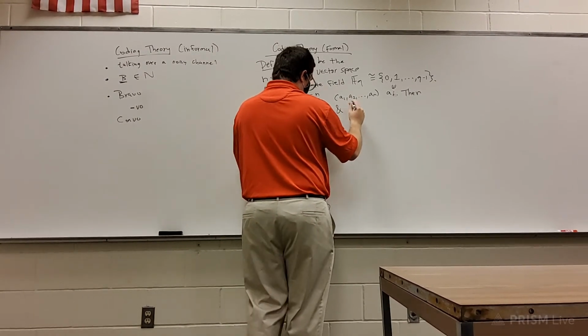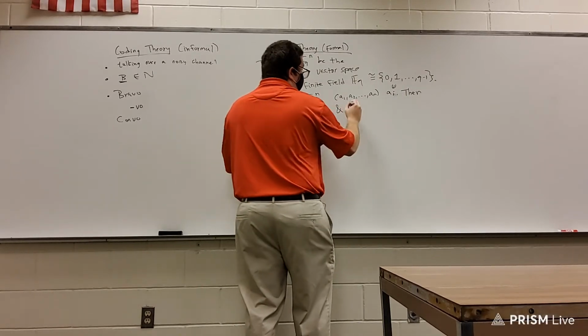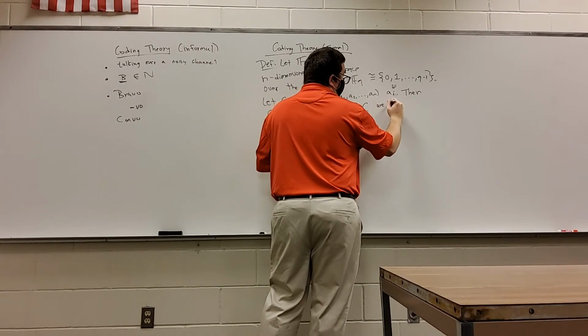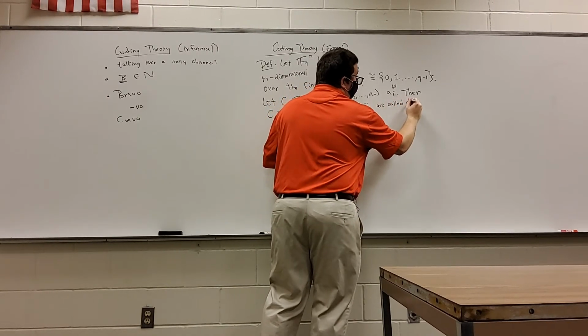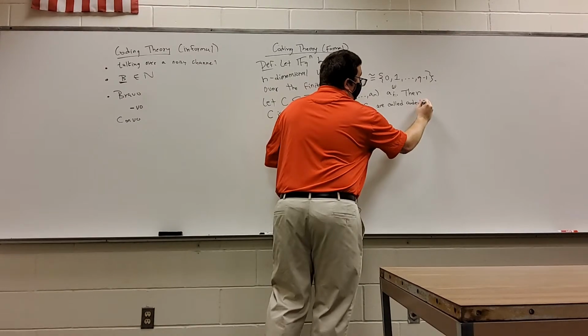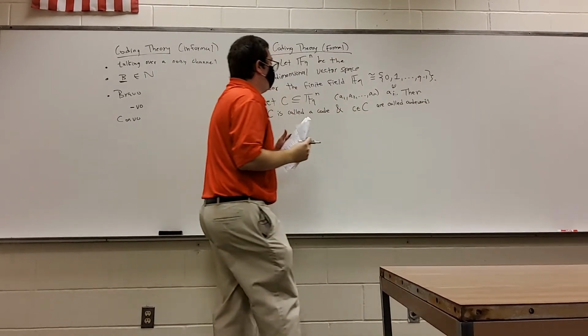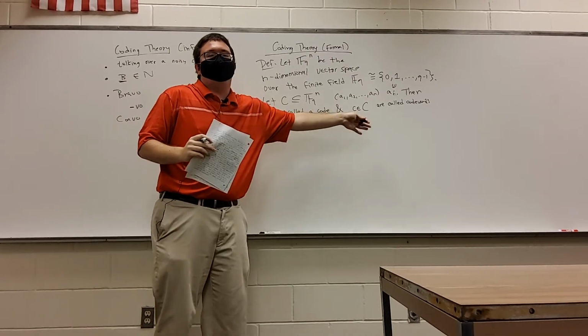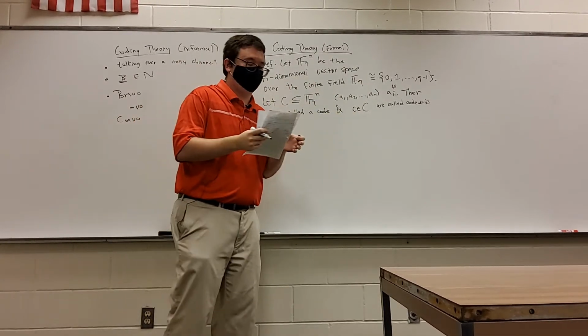And the elements c in C are called code words. So I take a subset of F_q^n, and any element in the subset is going to be called a code word.